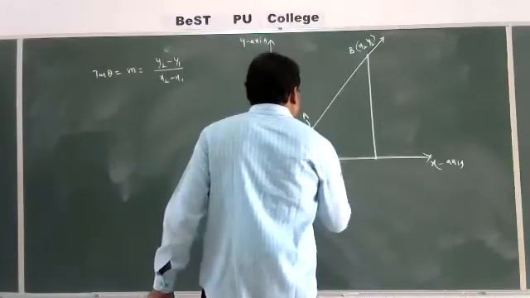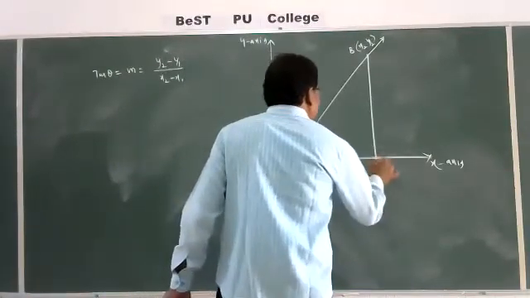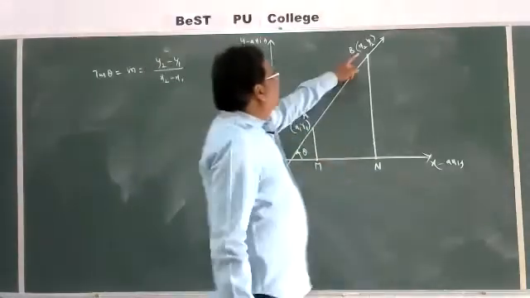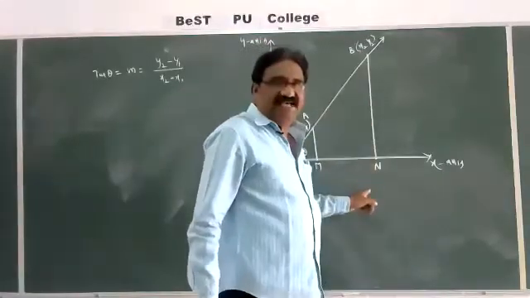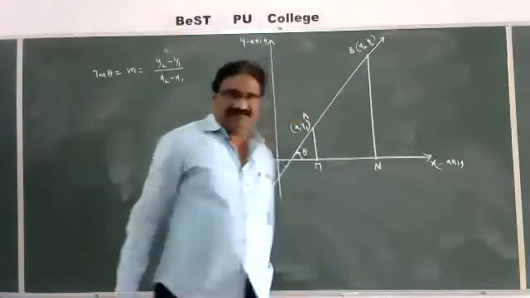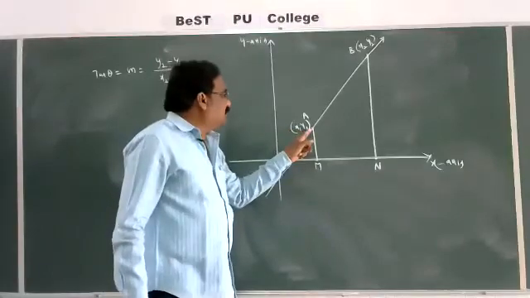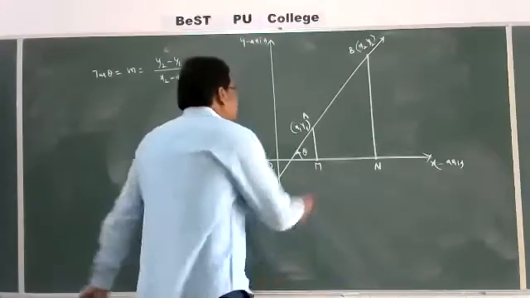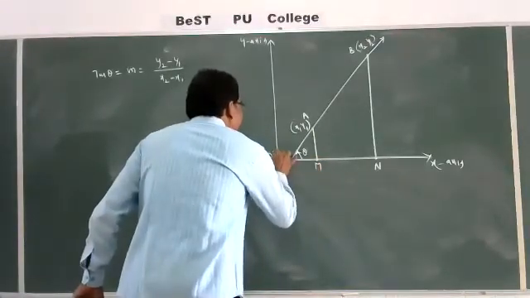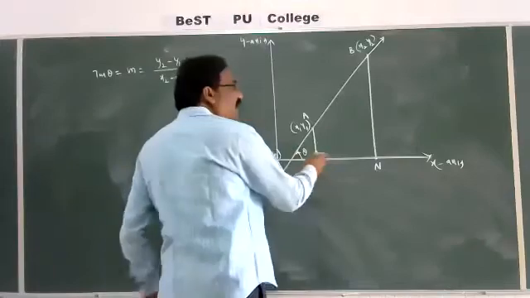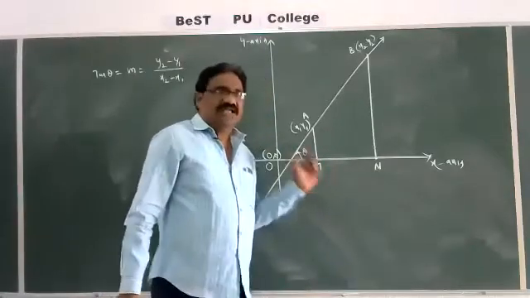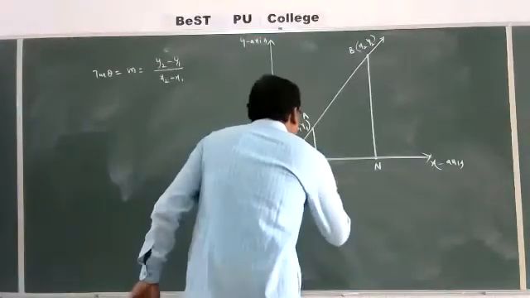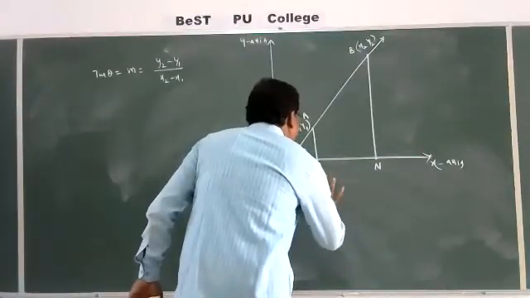Call this M and this N. A perpendicular line is drawn from B to the x-axis, it meets at N. A perpendicular line is drawn from A to x-axis, it meets at M. This is the origin. This point is on x-axis. Already you know, on x-axis the y coordinate is always 0. So the coordinates of M are x1 comma 0.